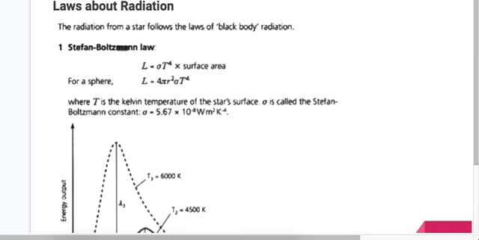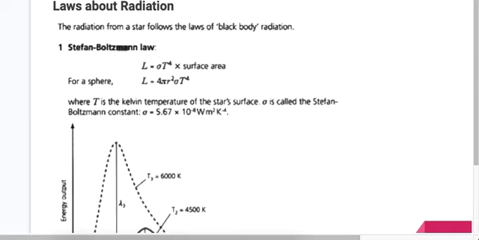After that, we look at the next law that we need to know, the Stefan-Boltzmann law. For this law, I would recommend that you pay attention to the relationship between L and T, because sigma is the Stefan-Boltzmann constant and pi is also a constant. For a specific object, you can expect the formula for the area to be specific too.